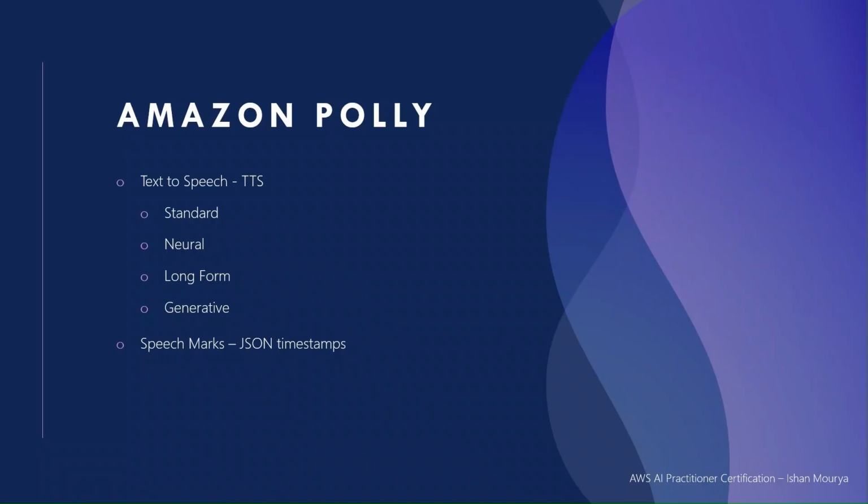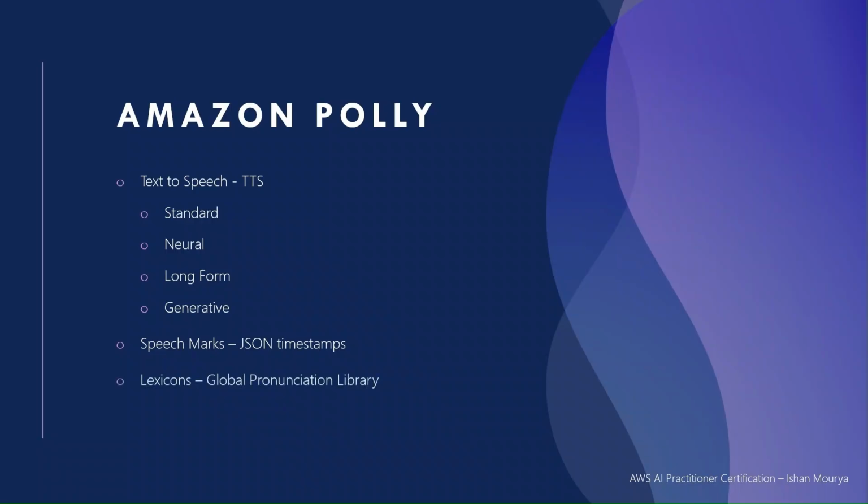This JSON is actually used to do lip syncing. If you are trying to add that audio to a video, you need to do the lip syncing, right? So in that case, you will be needing speech marks.